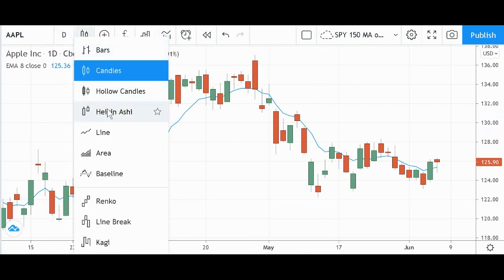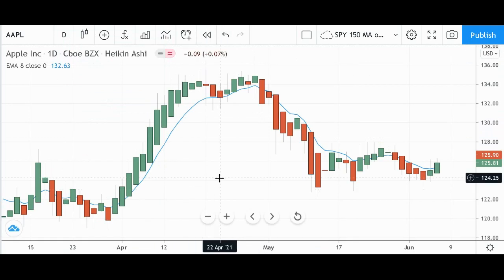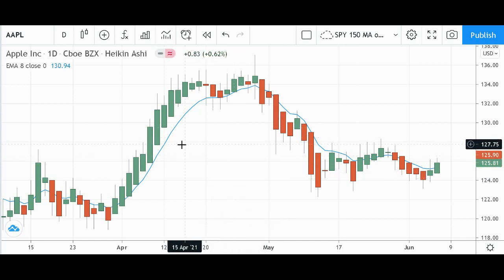Let me put it on Heiken Ashi here, which are not as true a reflection of the actual price. So don't count on Heiken Ashi candles to show you where the actual price is. It's more interpretive, but if you have a trading strategy where the candles don't have to show the exact price at every single moment, then this could be visually much easier for people.